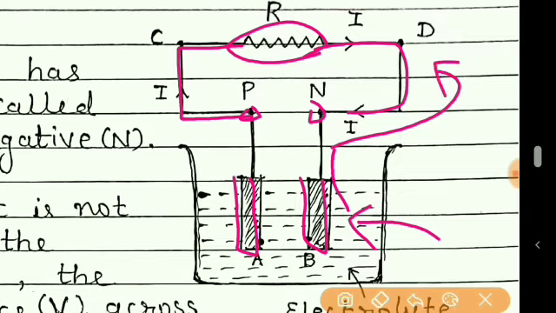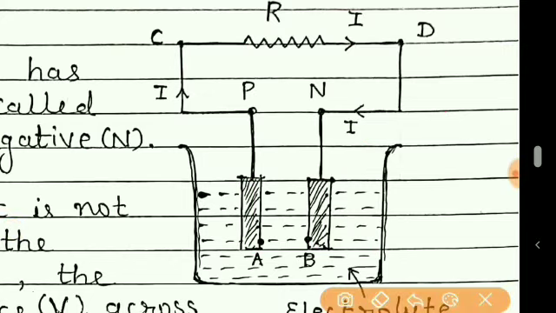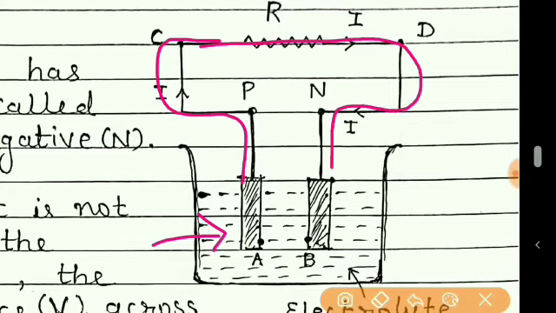Now when the current flows through this circuit due to energy supplied by this chemical cell, current flows in the external circuit as well as through the electrolyte of this cell in this way.